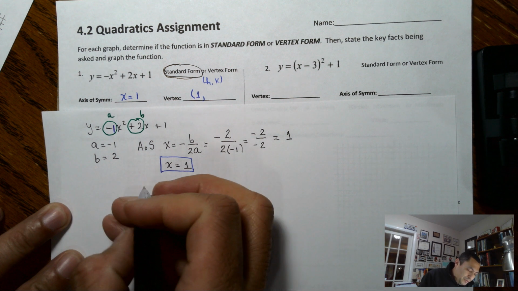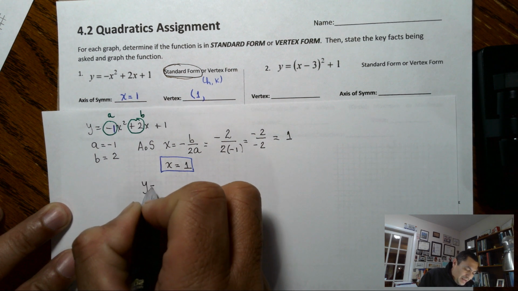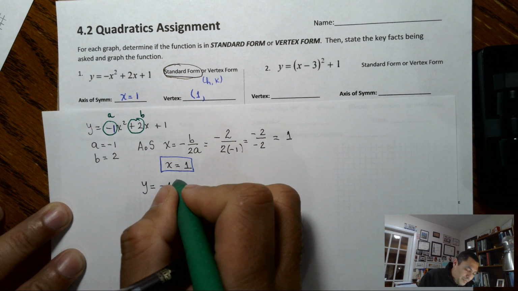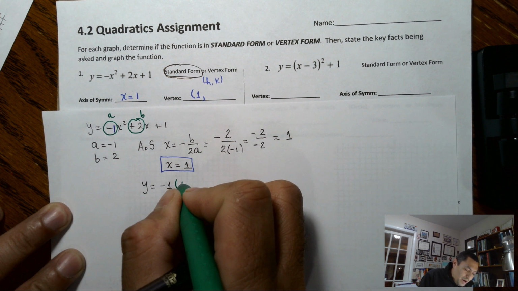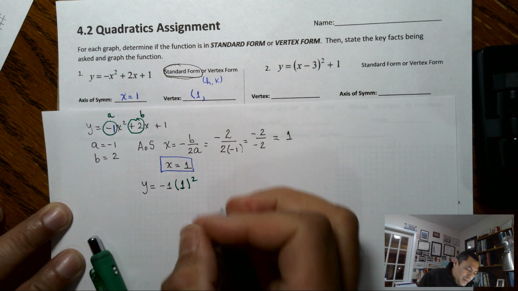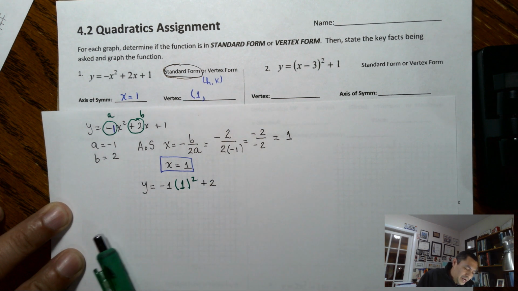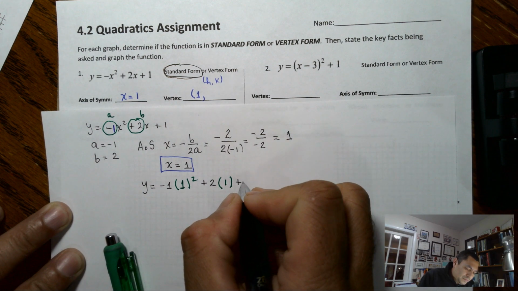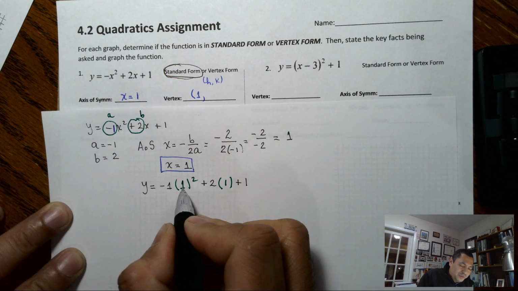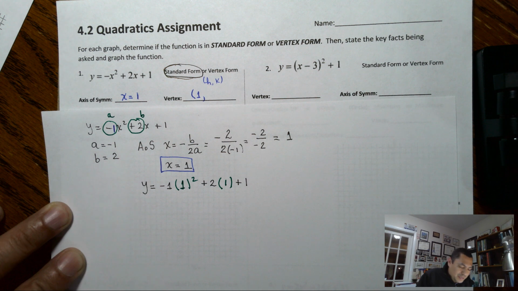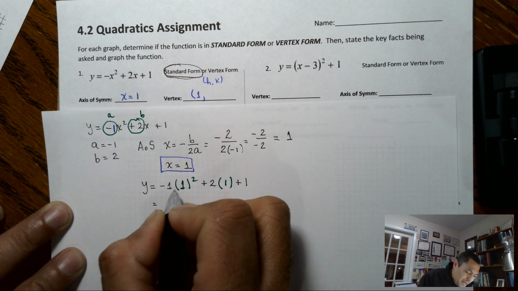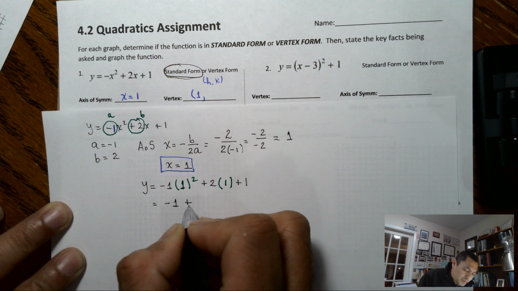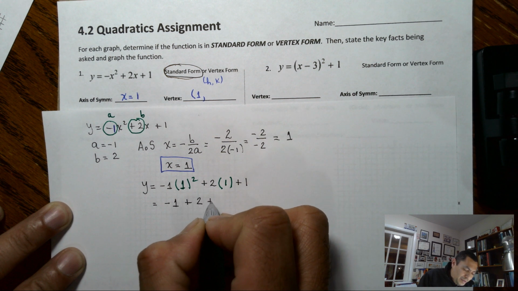So I can do y equals negative 1, and you can just open parentheses and say 1 to the second power, plus 2 times 1, plus 1. Okay, we know that 1 to the second power is 1. So 1 times negative 1 is negative 1, plus 2 times 1 is 2, plus 1.